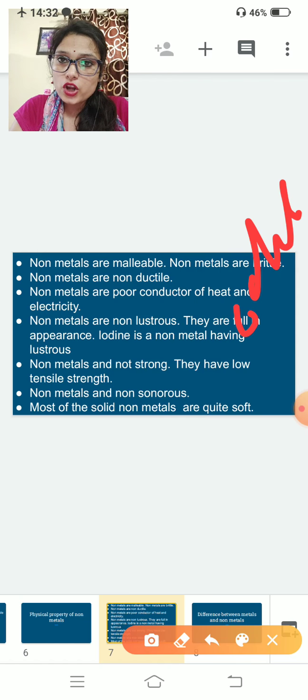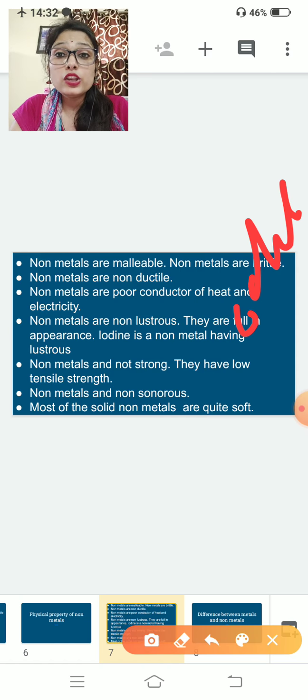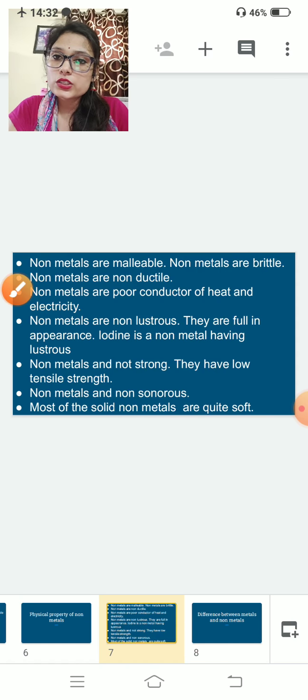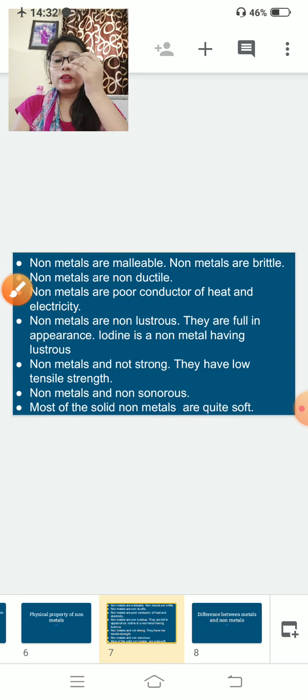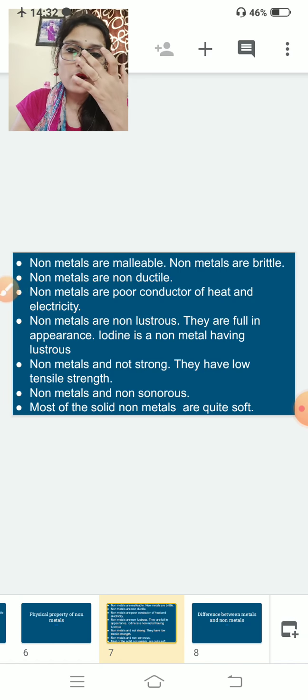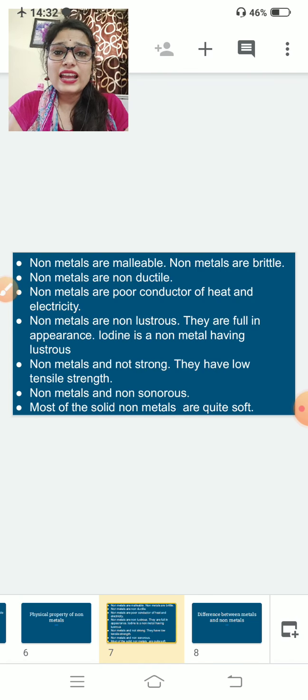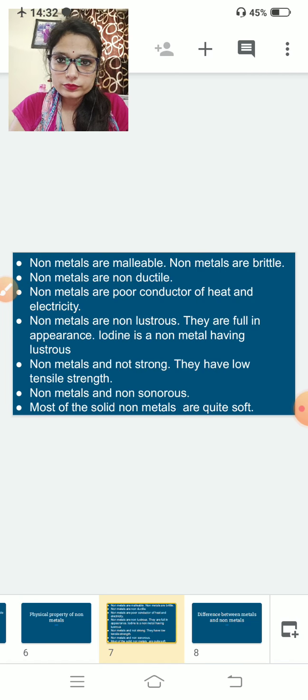Non-metals are not strong. They have low tensile strength. Non-metals are non-sonorous. Most of the solid non-metals are quite soft. With this, we have done the physical properties of metals and non-metals. I think it is clear to you.